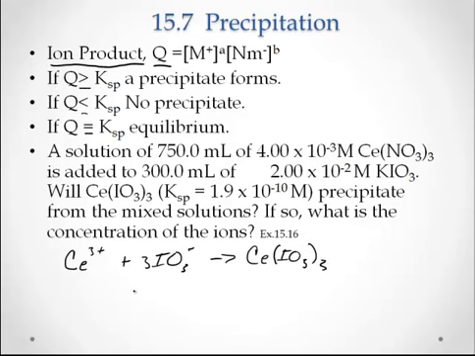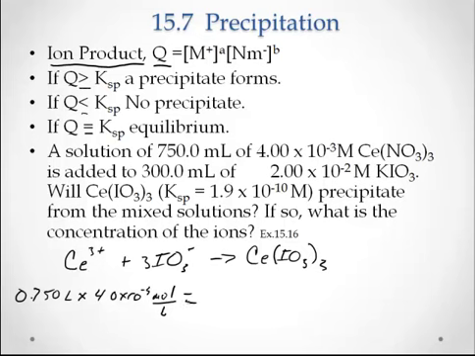Now we've got to think about how many moles we have. If I take 750 milliliters times that molarity, 0.750 liters times 4.0 times 10 to the minus 3 molar, I get, let's see, how many moles.